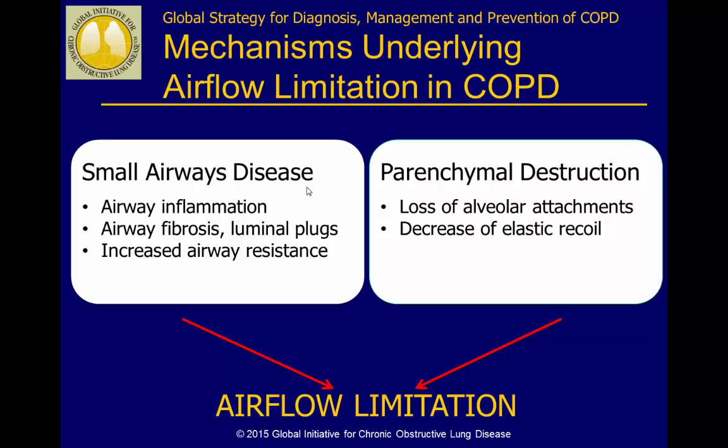So the normal balance that we have between protease and antiprotease activity is lost, and tissue destruction and mucus hypersecretion result. Neutrophil and macrophage activation also leads to accumulation of free radicals, such as hydrogen peroxide and superoxide anions, which inhibit antiprotease and cause bronchoconstriction. In addition, patients have mucosal edema and mucus hypersecretion.